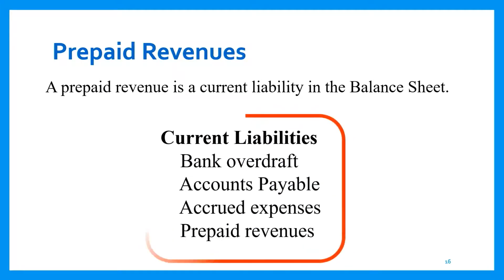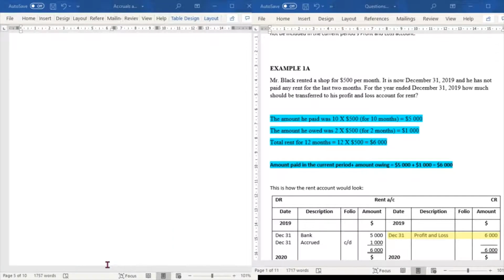Now, let us look at some examples. It is important to remember that during the current accounting period, any money received or paid for a past period or for a future period should not be included in the current period's profit and loss account.